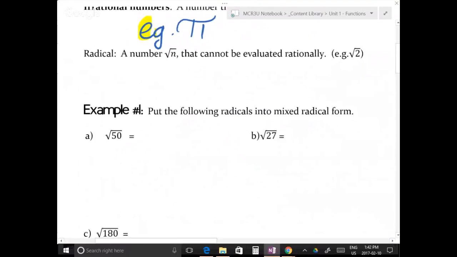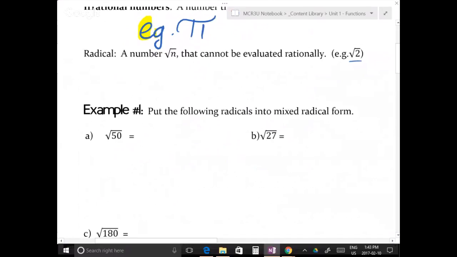A radical is an irrational number that is irrational because it's a square root. So it's anything that we take the square root of that isn't a perfect square.